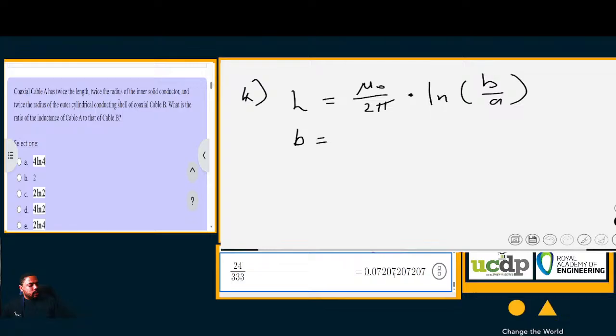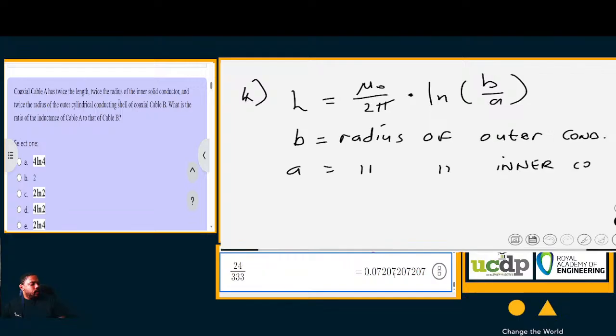B is the radius of the outer conductor, and A is the radius of the inner conductor. Okay, so there we have that inductance is equal to mu naught, the permeability of free space, divided by 2 pi times the natural logarithm of the radius of the outer conductor divided by the radius of the inner conductor.